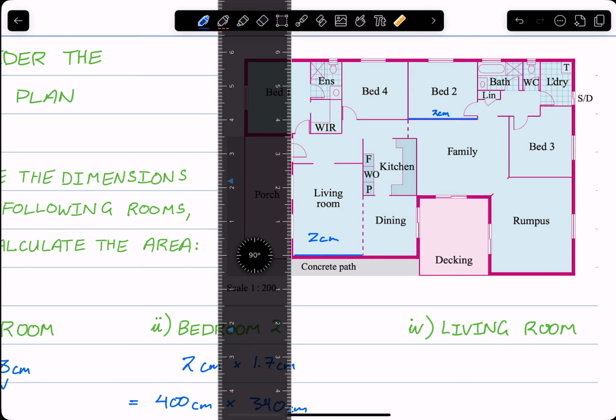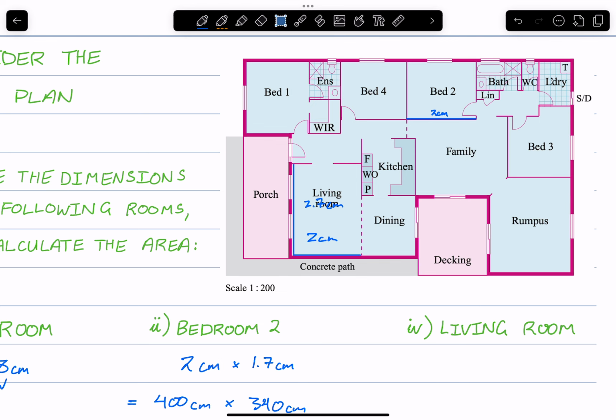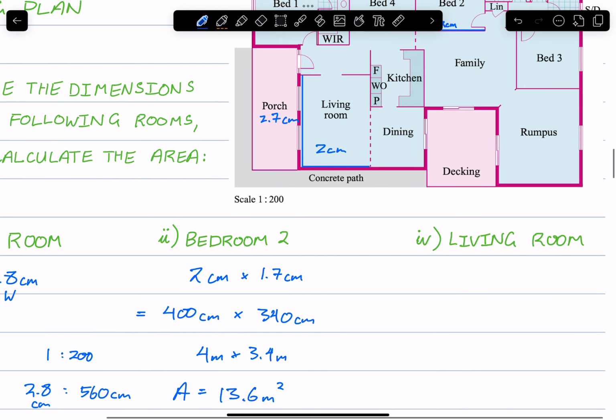Going along vertically now, what's that? That's 2.5, 6, and 7. 2.7 I'm getting, so let's just go with that. 2.7 centimeters going along vertically. So that is 2 centimeters by 2.7 centimeters.